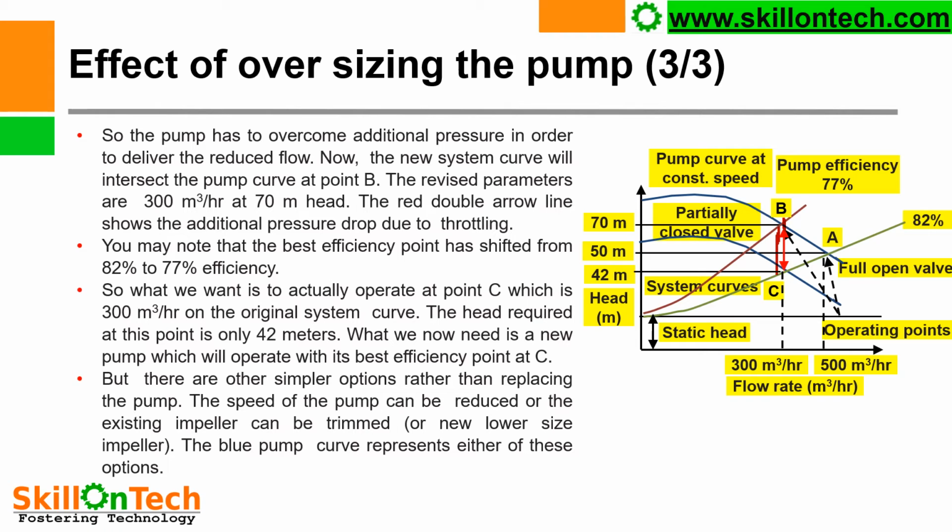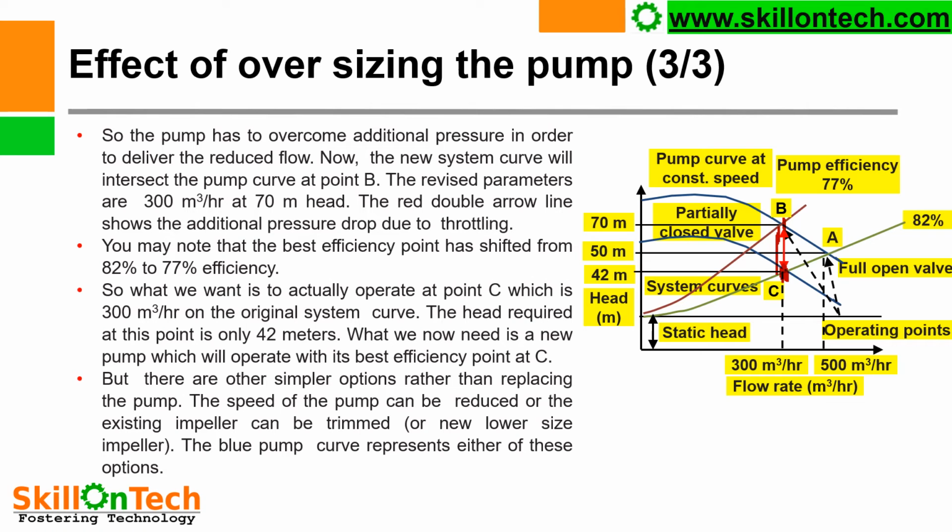What we want is to actually operate at point C, which is 300 meter cube per hour on the original system curve. The head required at this point is only 42 meter. What we now need is a new pump which will operate with its best efficiency point at C. But there are other simpler options rather than replacing the pump.